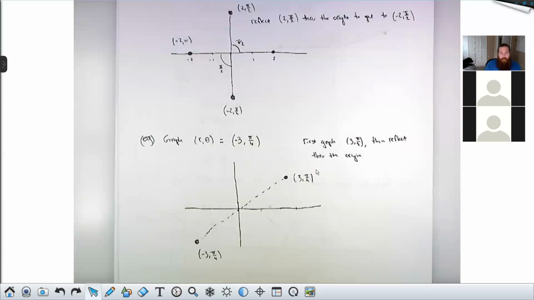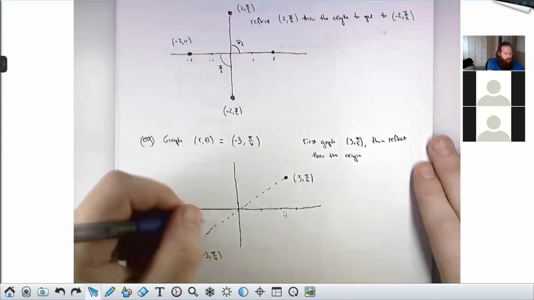There's actually infinitely many sets of polar coordinates that will get you to this point. I could add 2 pi to theta, and that would get me back to this point, because that would just spin me all the way around the circle one more time. Or I could add a negative to the 3 and a pi to this guy. So polar coordinates are not unique.